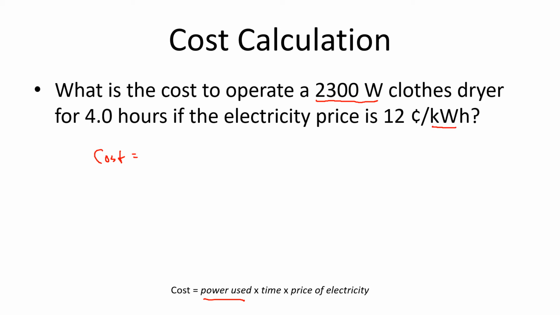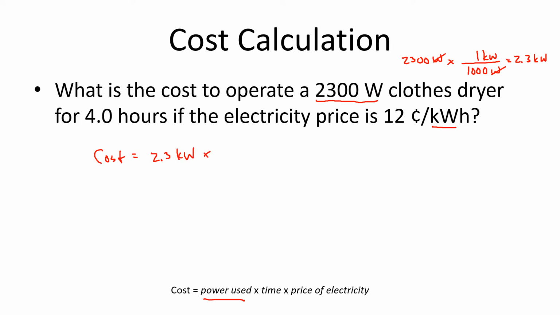So to do that, you're going to divide by 1,000, right? So 2,300 watts, and we know that there are 1,000 watts in a kilowatt. So if you divide by 1,000, you'll end up with 2.3 kilowatts. Great. So 2.3 kilowatts is the power.